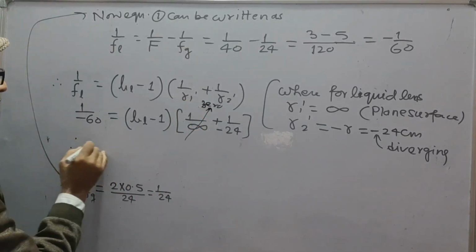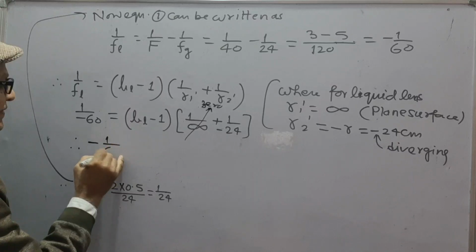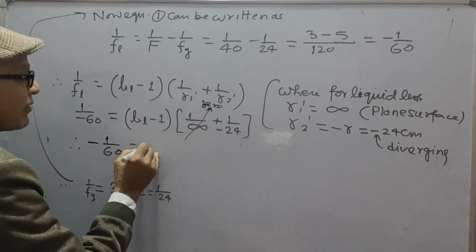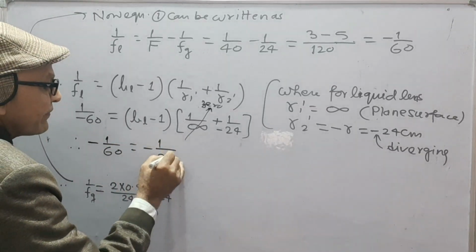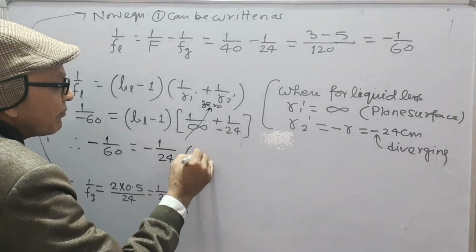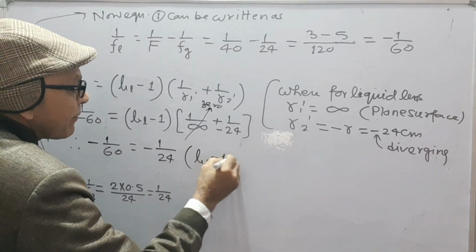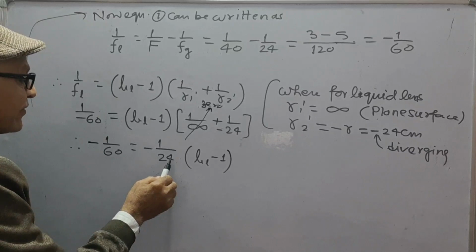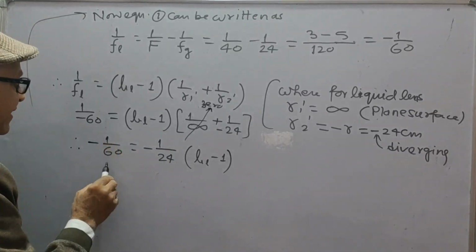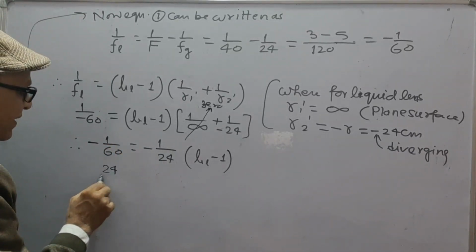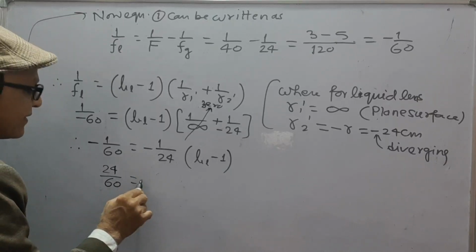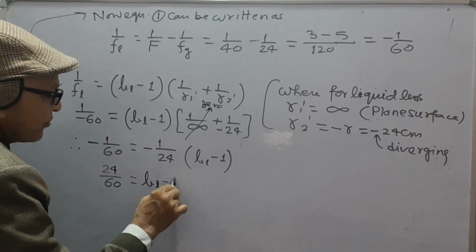Therefore, minus 1 upon 60 will be equal to minus 1 upon 24 into mu L minus 1. Minus minus cancels out. 24 can be taken here. So, 24 upon 60 is equal to mu L minus 1.